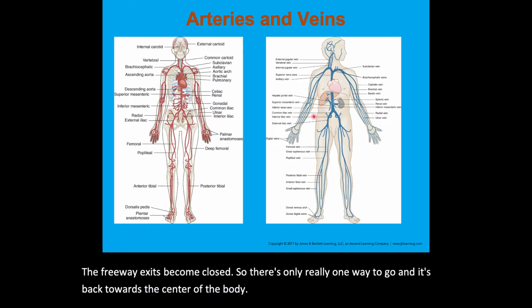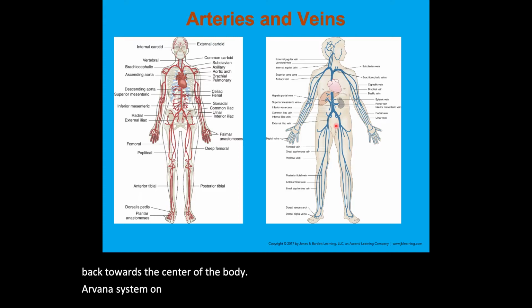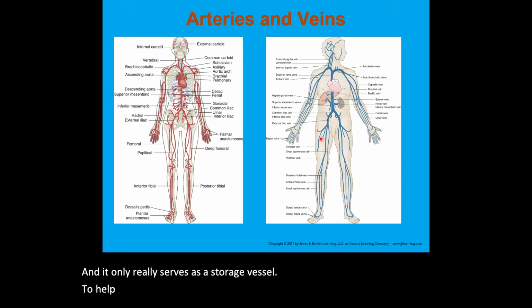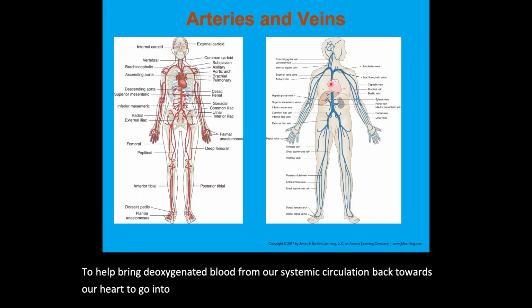Our venous system, on the other hand, is a lot more elastic. And it only really serves as a storage vessel to help bring deoxygenated blood from our systemic circulation back towards our heart to go into the pulmonary circulation.